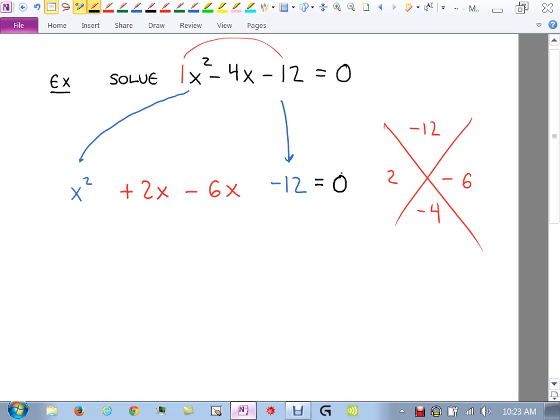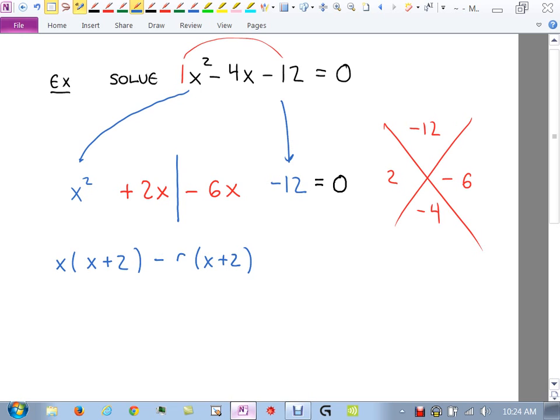Okay, now I split this. I do my GCF on the first two terms, which is x, leaves me with x plus 2. I need to match that on the other one. So what goes out in front of this? You need it to be negative 6x, so negative 6.